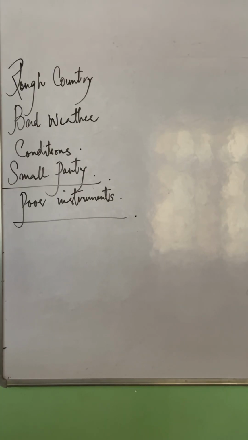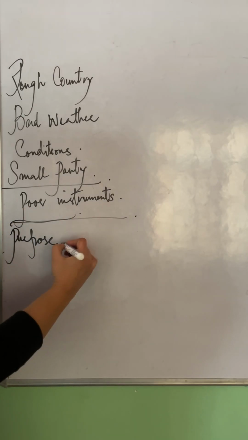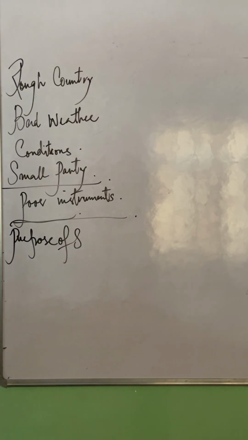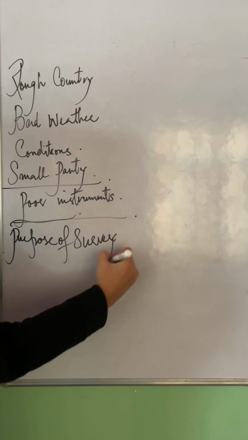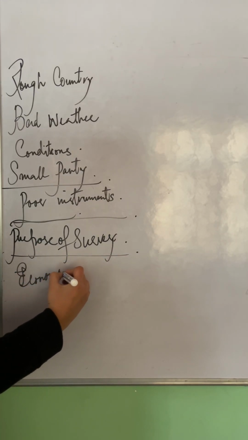The best surveyor is not he who is extremely accurate in all his work, but he who does it just accurately enough for the purpose of the survey without wasting time or money. All right. So the best surveyor is not one who is extremely accurate in all his work, but one who does it just accurately enough for the purpose of the survey, without compromising with economy.